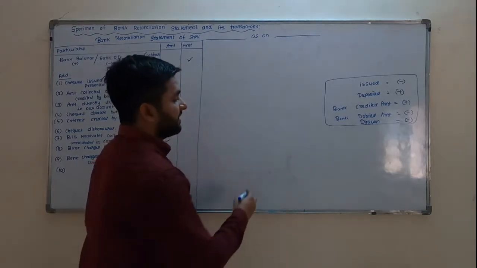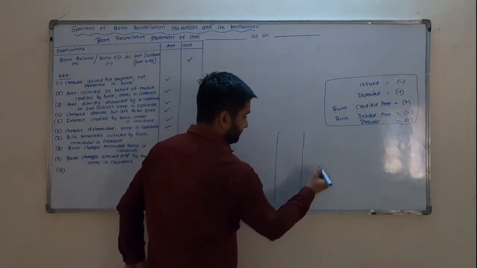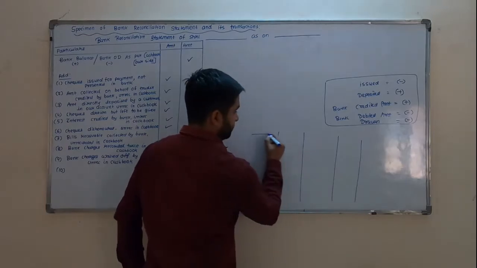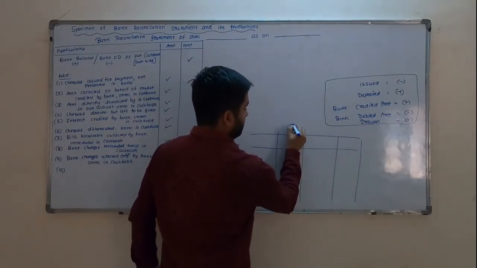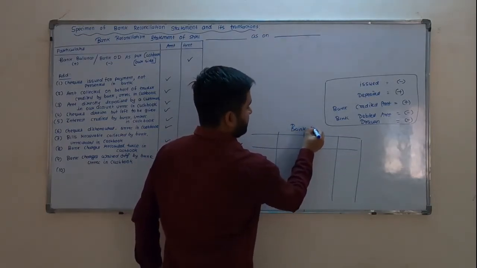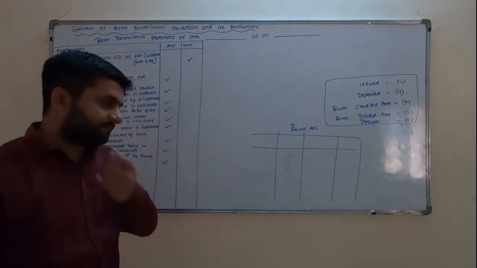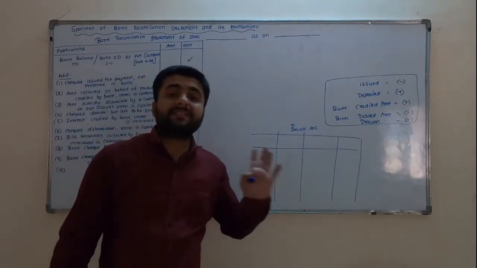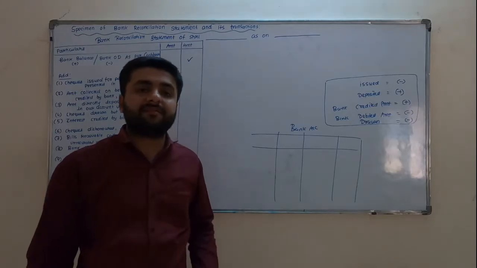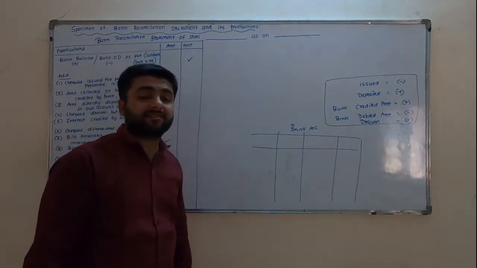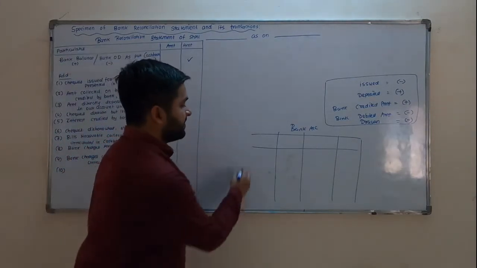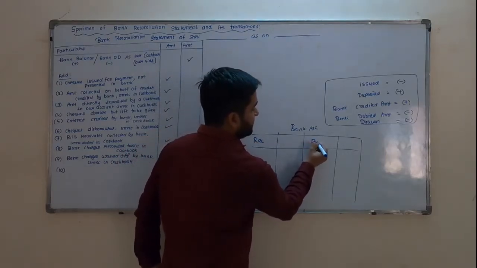See, I will explain that with an example here. Suppose this is the bank account in our cash book. Now the bank is crediting the interest because the bank is giving the interest. So if the bank is crediting, we have to debit. This is the receipt side, this is the payment side.